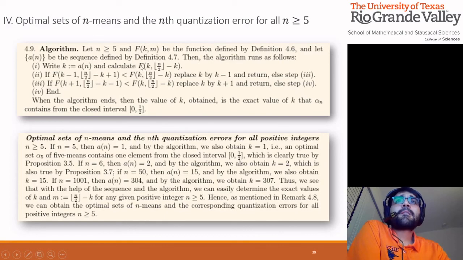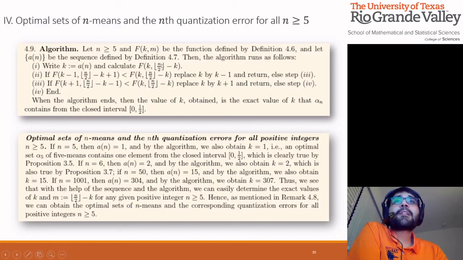And we're going to calculate, remember, the minimum distortion error with that K. With that value of K, we find the minimum distortion error from B1 and B2. B1 is calculated considering the case when the boundary of the border region is less than one half, and B2 is when it's greater than or equal to one half.